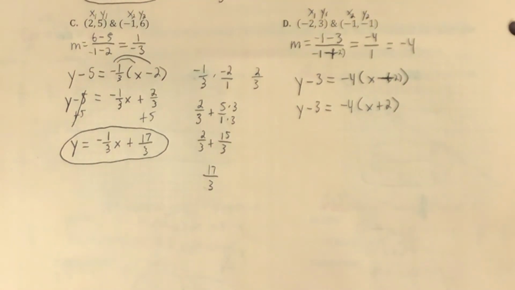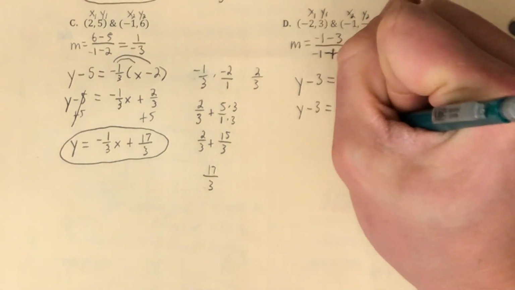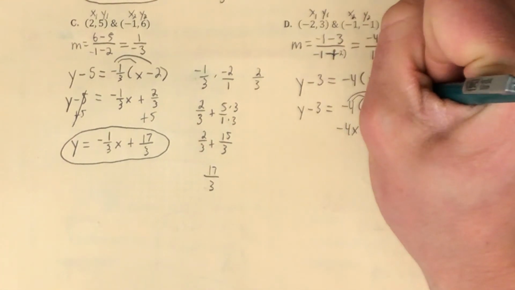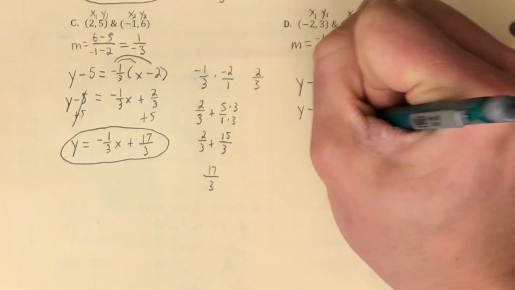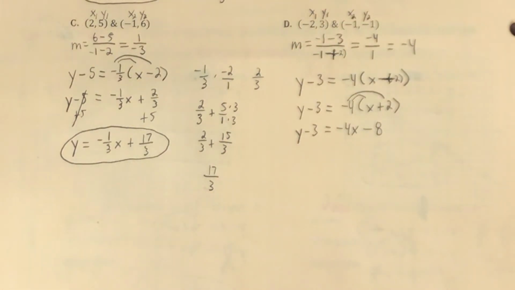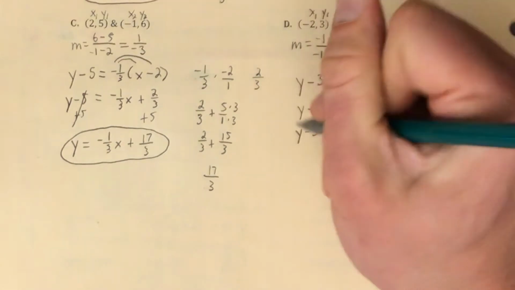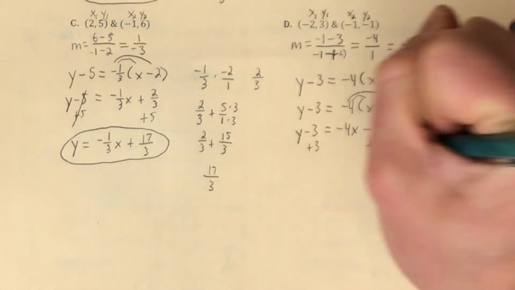Then I need to do my distribution, so -4 times x is -4x. -4 times +2 is -8. And that's all equal to y minus 3. Last step, as you know, get the y by itself. So the -3, I'm going to add 3 to get rid of it, which means I need to add 3 over here.